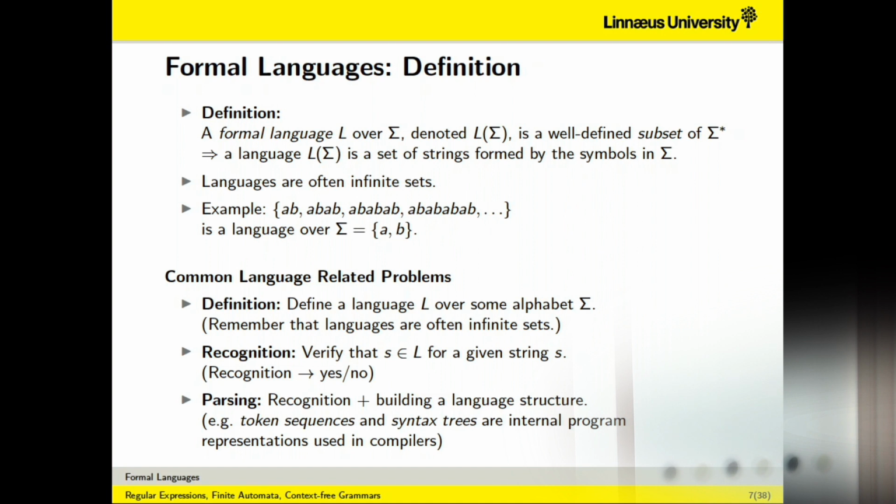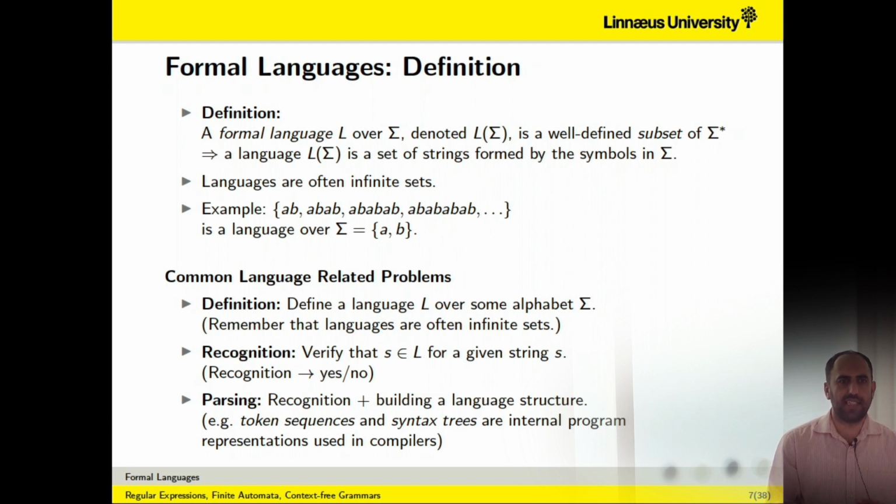And then, when we talk about language definitions, we have some common problems. The first problem is the definition itself. Why is it a problem? Because we can have an infinite number of strings or sequences. As I said, in Java you can have an infinite number of Java programs.